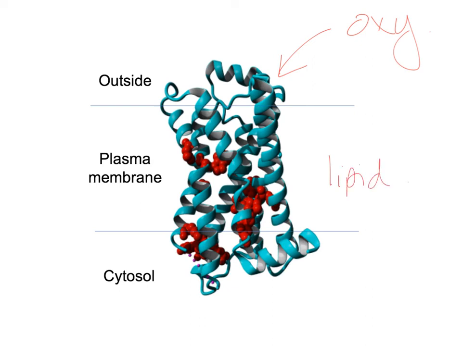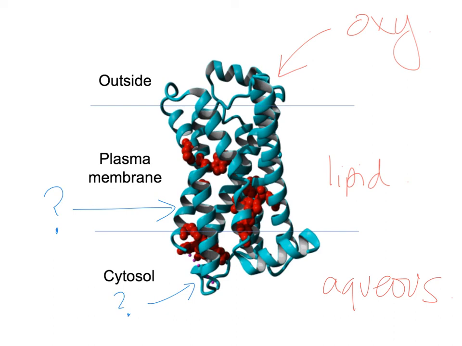So we might expect that those areas of the protein were more attracted to lipids than other bits. Then we've got the bits in the cytosol here, which of course is an aqueous environment. There's lots of water molecules there. So we might start to ask questions as to what is different about the amino acids on the protein at that point that's in the membrane versus these amino acids that are exposed to the cytosol.